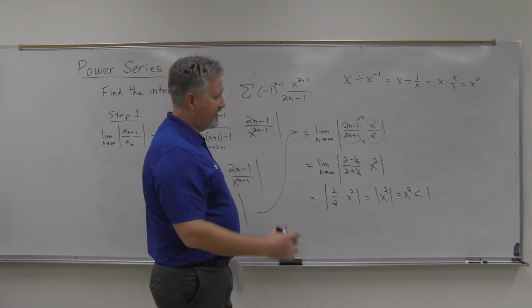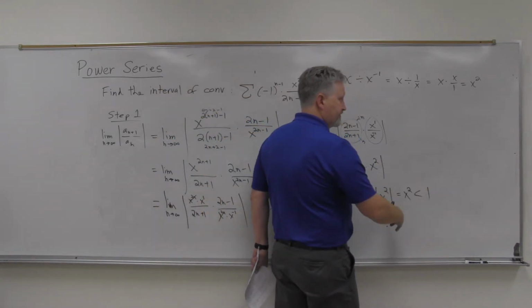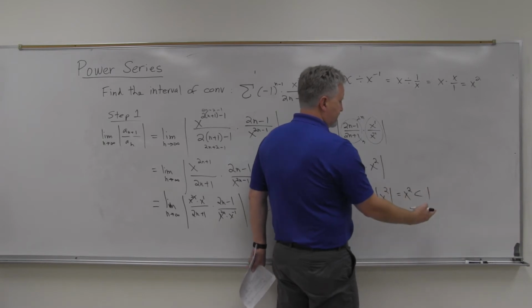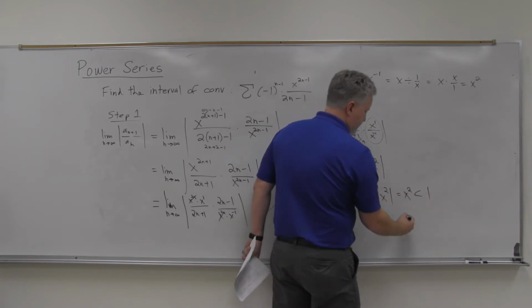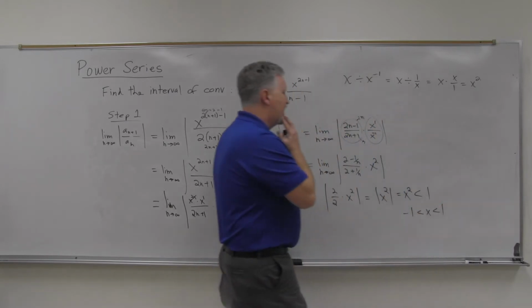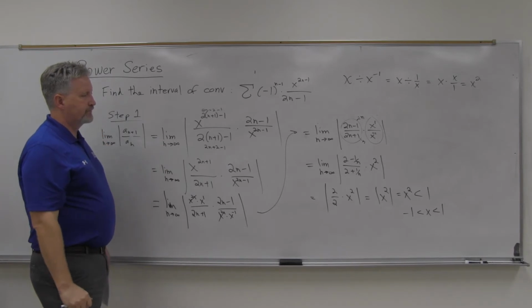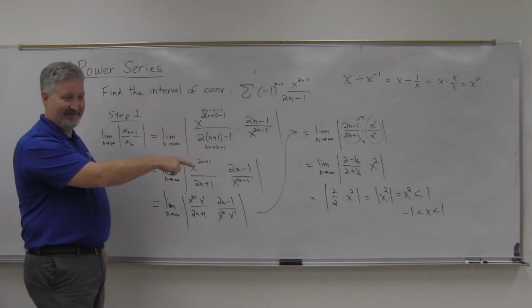But we just talked about that. x squared is less than 1. That's going to be between negative square root of 1 and positive square root of 1, negative 1 to 1. That's a start to it anyway.